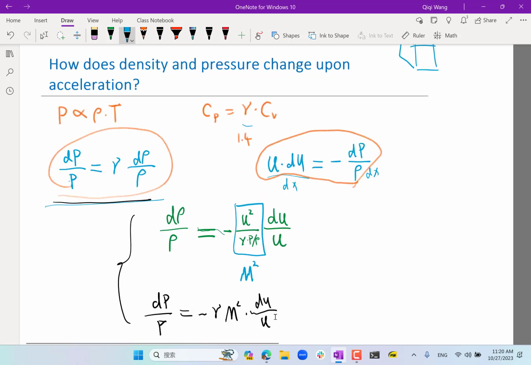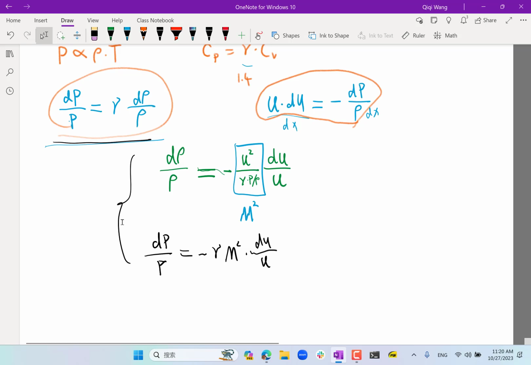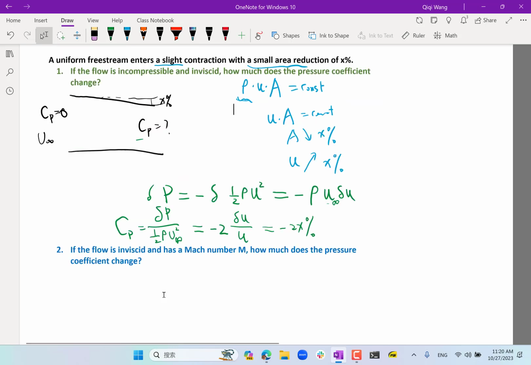Particularly, we're going to be using what we derived previously, right? You can think of this equation as a differential form of the alternative to Bernoulli's. So we'll see how that works. First of all, how much does the pressure coefficient change?